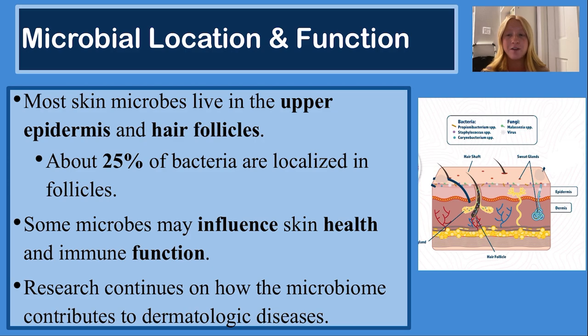About 25% of bacteria live in these follicles, so this makes them a stable part of the skin ecosystem. What's really interesting is that some of these microbes might actually support skin health by competing with pathogens or influencing immune system response. It's important to understand this because the relationship could help develop treatments that work with rather than against the body's natural microbes.